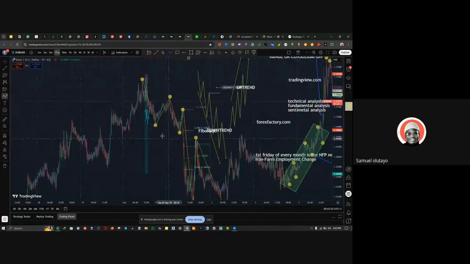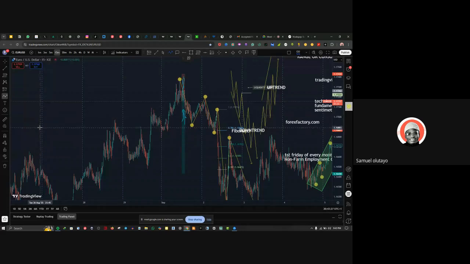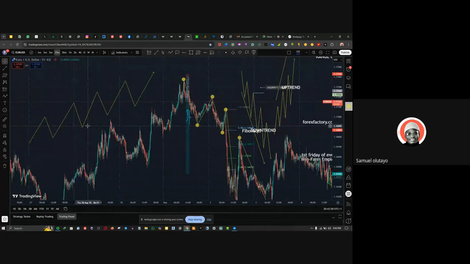The next one is path. You'll be using this path a lot to show the trend. Like I said, market moves in upward or downward directions or sideways. So you'll be using this path direction. Once you click on it, you move it up, you click on it, you move it down, you click on it. So this is an upward trend. Click on it, click on it. So you are done. And once you are done, you press escape, and that's how to draw your path.